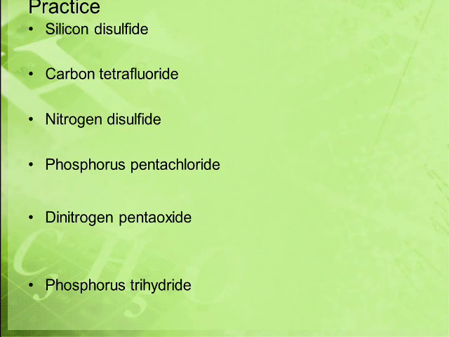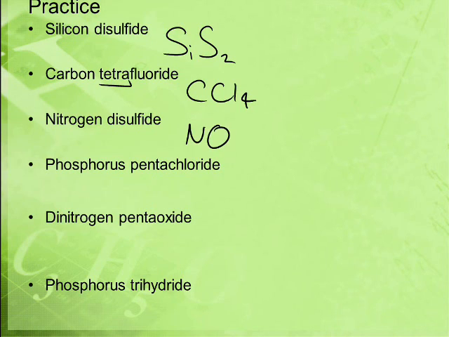Now let's try going back the other way and putting formulas to the names. Silicon disulfide. This is easy. We don't even have to think about charge. That's why these are actually quite easy. Silicon, Si, disulfide. There we go. We don't have to combine charges and amounts. It tells us with covalent and molecular. Carbon tetrafluoride. Dinitrogen disulfide, two sulfurs.